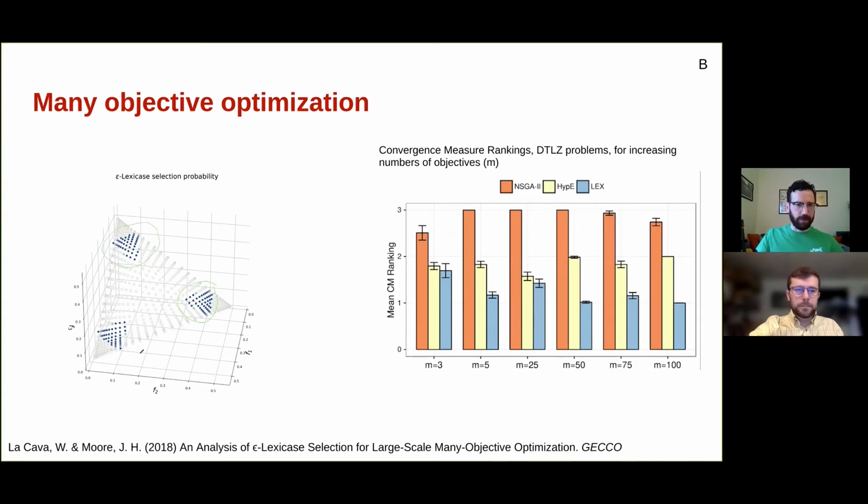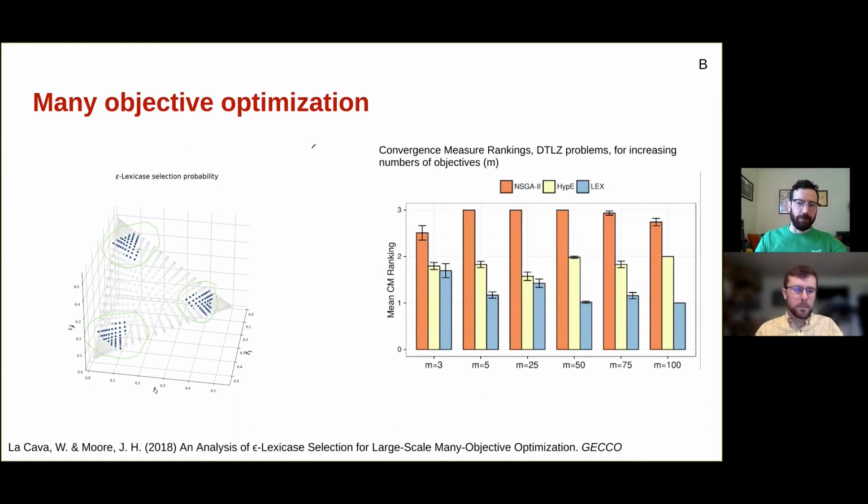So these individuals shown in blue are the ones that are going to be selected to be parents. Now, every point on this surface that's shown here is Pareto optimal for this problem. That's what we're illustrating as the Pareto front. And so again, it's important to know that Epsilon Lexicase selection does not give you any Pareto optimal points. There are very specific ones that it's biased towards, similarly with Lexicase selection.